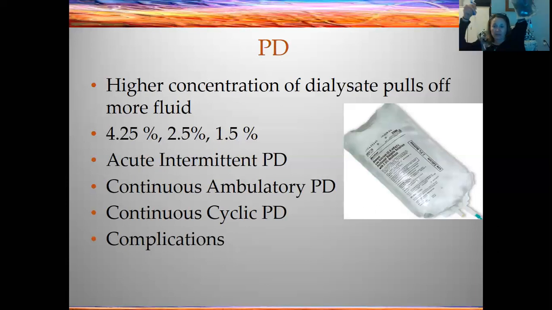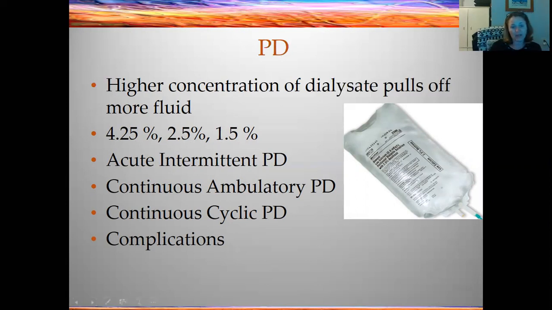So fill bag, connection, drain bag. So what would happen is they would leave that fluid in the peritoneum for the dwell time. They would leave it there, and then when that time was up, they would drain, and it would drain into this empty bag. So that's how that process goes.